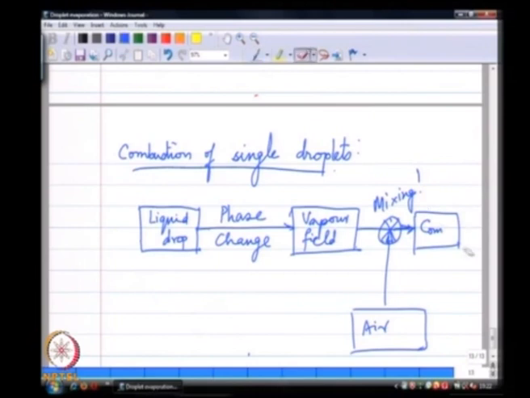It precedes combustion, which essentially gives rise to heat release.